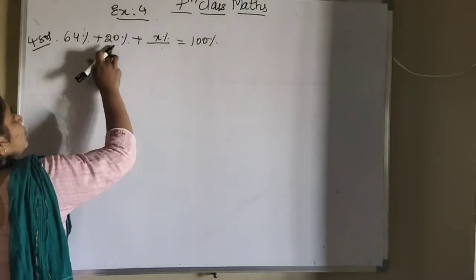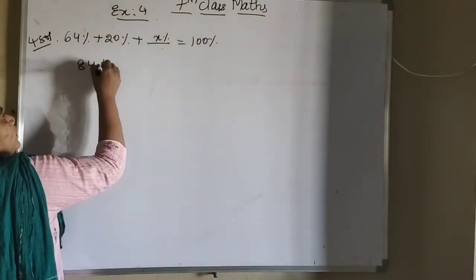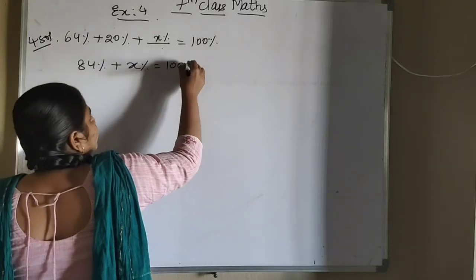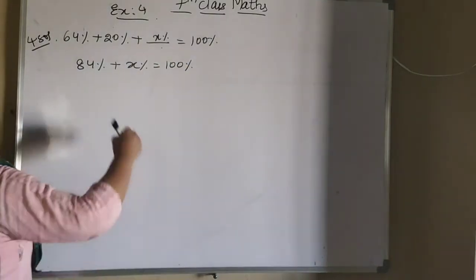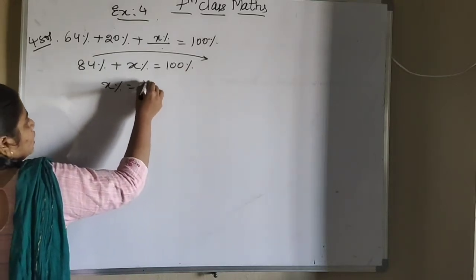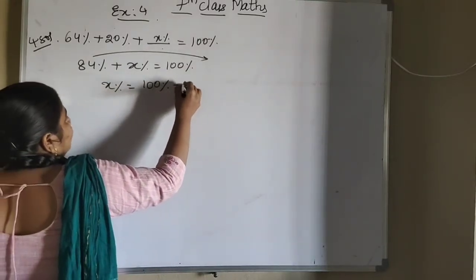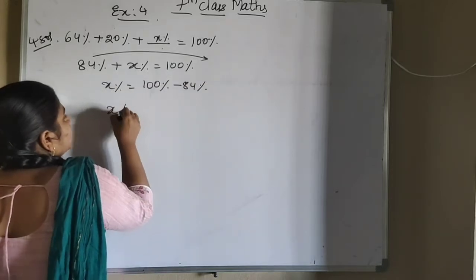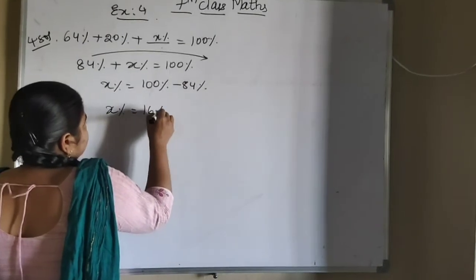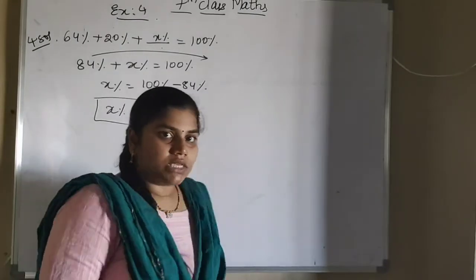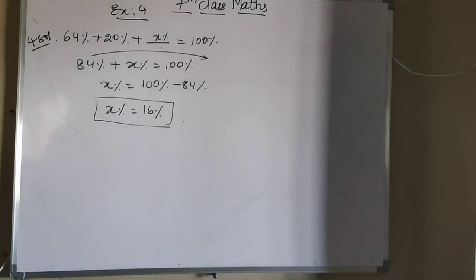Now 64 plus 20 is how much? 84% plus X% is equal to 100%. Again I am transposing this 84 to the other side. So X% is equal to 100 minus 84. So X% is how much here? That will be equal to 16%. So X value you got as 16. Okay.